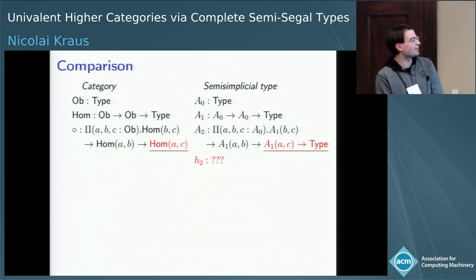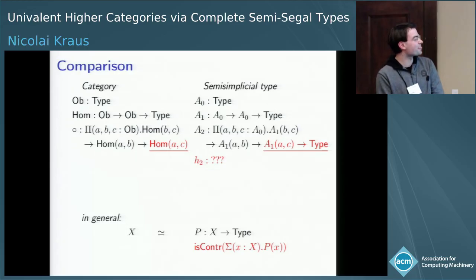But I'm now saying that if we just add a small thing to semi-simplicial types, then these two things are again equivalent. And what we need is this general property that having an element of a type X is just as good as having a type family over X, which has the property that there is exactly one element in X where this family is inhabited.